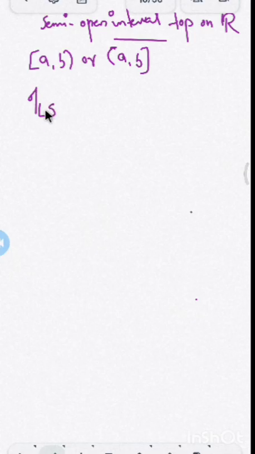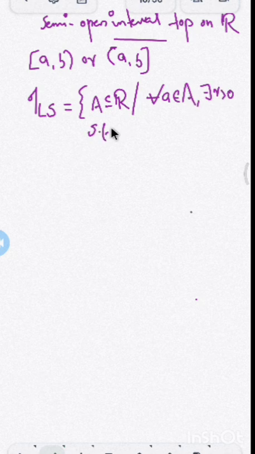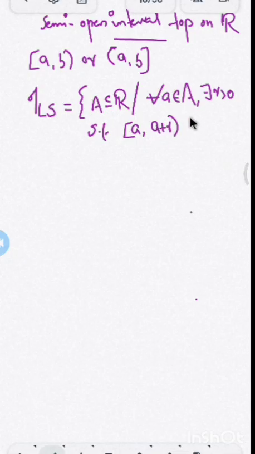I define tau ls, this is just a representation, which is equal to the collection of subsets A of the real line such that for every a in A, there exists some real number r greater than 0 such that the interval of the form [a, a + r) is contained in A itself.